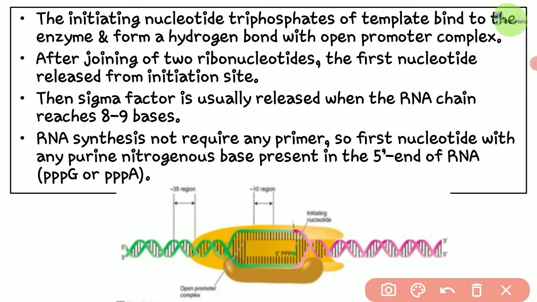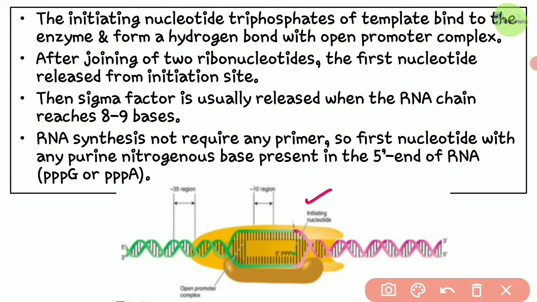Then polymerization starts and the initiating nucleotide triphosphate binds to the enzyme in the open promoter complex and forms a hydrogen bond with a complementary DNA base. After joining of 2 ribonucleotides, the first ribonucleotide is released from the initiation site.